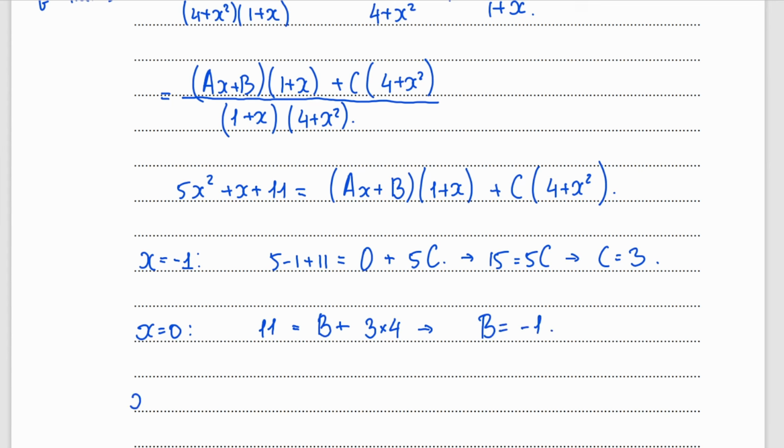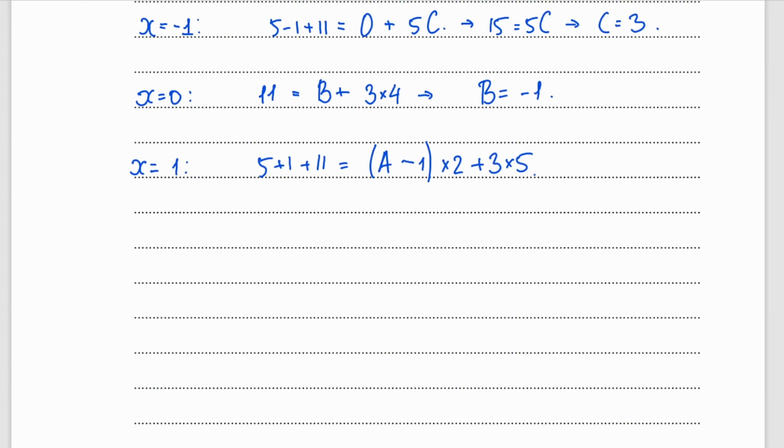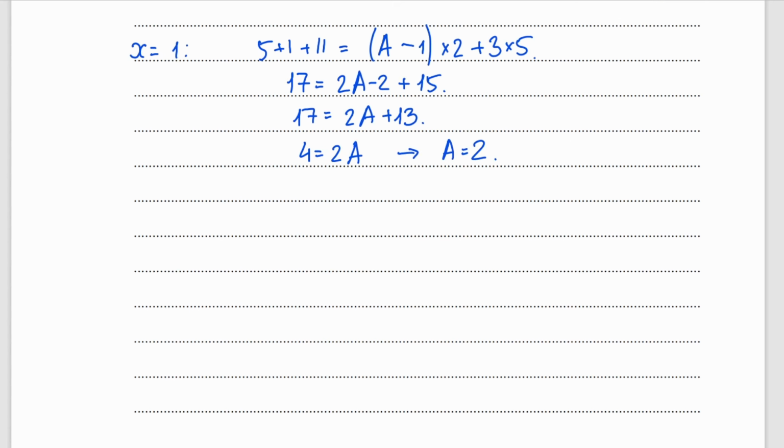Okay, and now I'll substitute just any value of x, let's say x equals 1, and let's solve this equation and find a. Now that we got our a, b, and c, we can write the final answer.